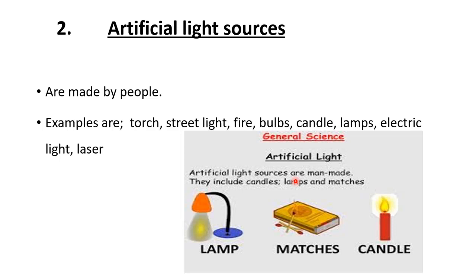They are made by people in their homes or in the industry. Examples of artificial light sources are torch, street light, fire, bulbs, candle, lamps, electric light, and laser.